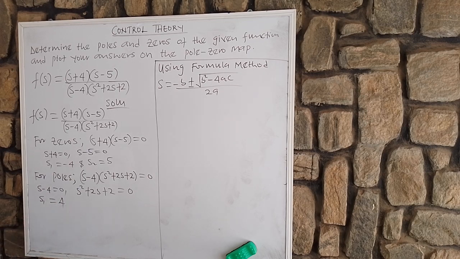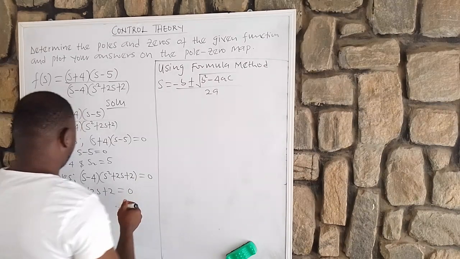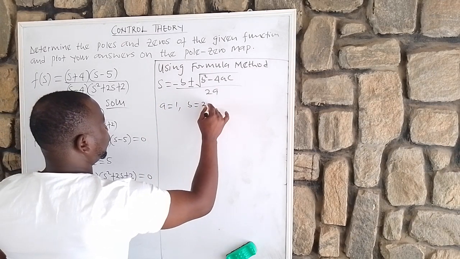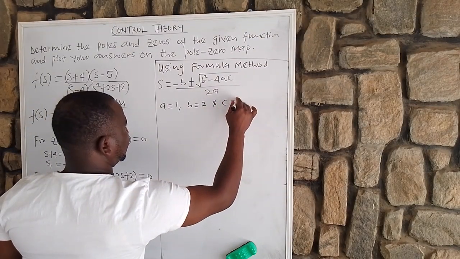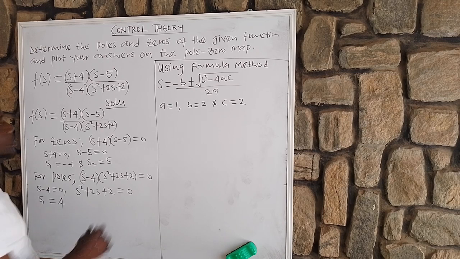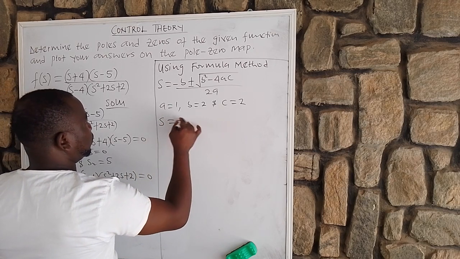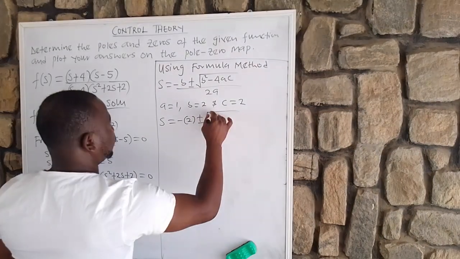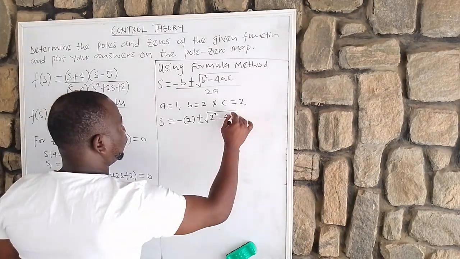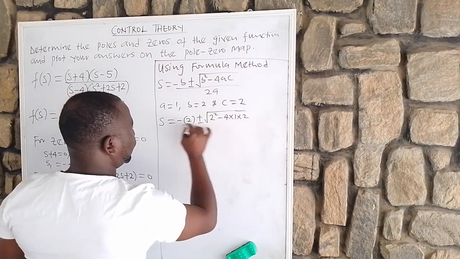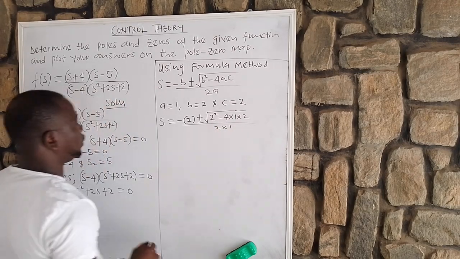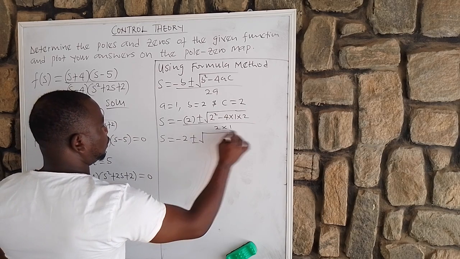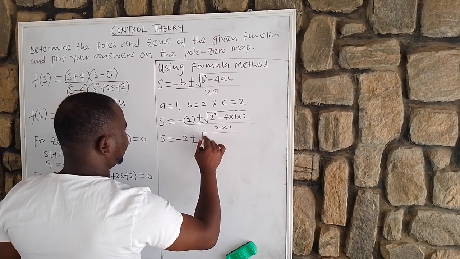From here, we know a equals 1, b equals 2, and c equals 2. So our s will now be equal to minus 2 plus or minus the square root of 2 squared minus 4 times 1 times 2, all over 2 times 1. Then s is equal to minus 2 plus or minus the square root of, this will give us 4.